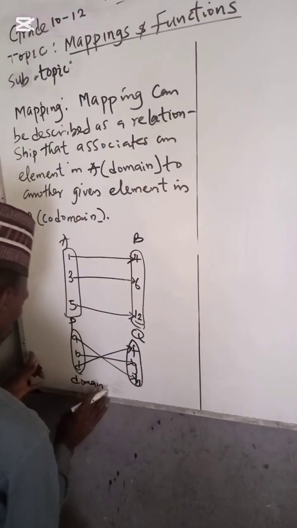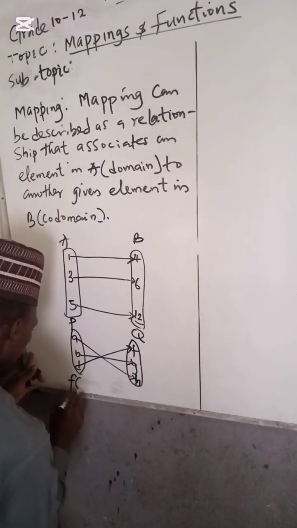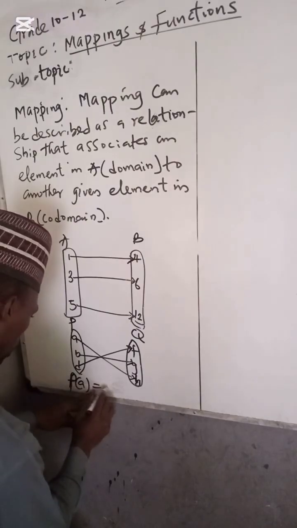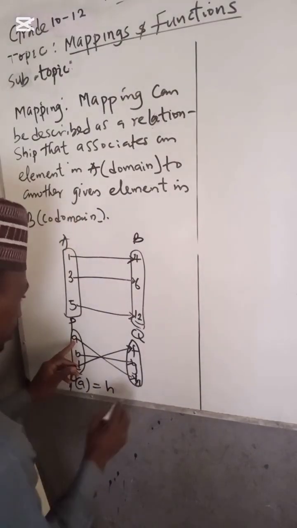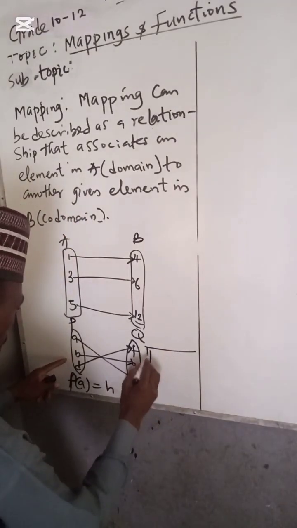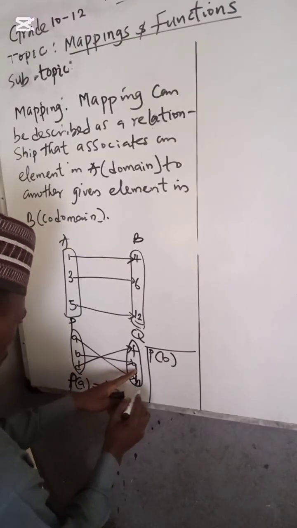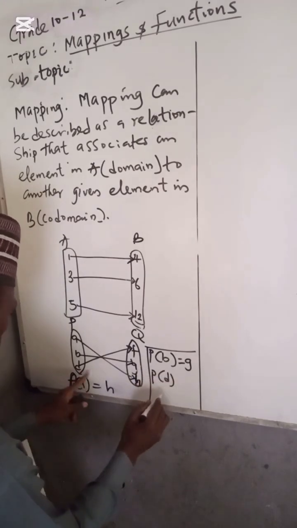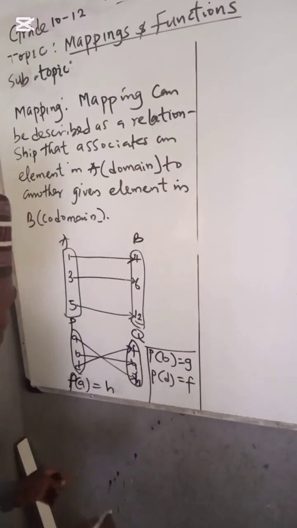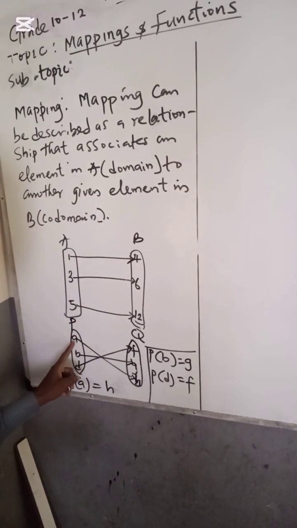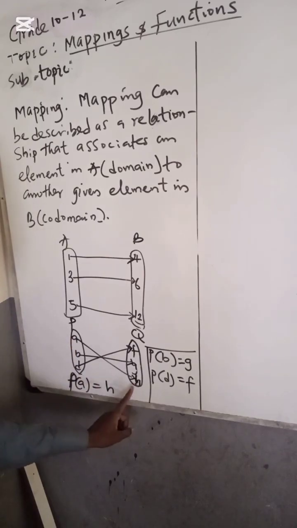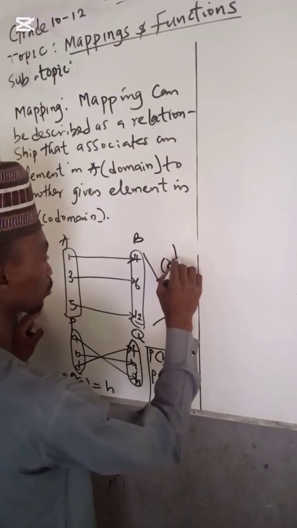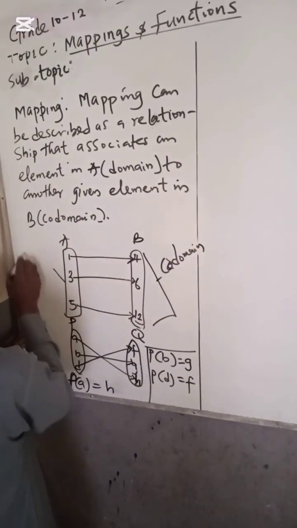We can say P of A, the image is H. Then we can as well say that P of B has image G. Then P of D has an image F. So what we are saying is that the output of A is the image of A. These are all codomain. And these are domain.